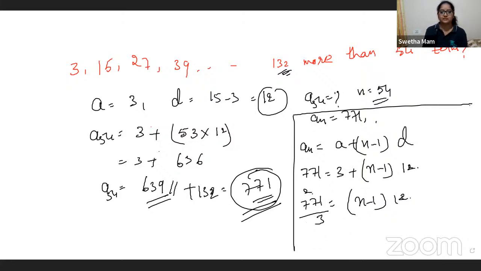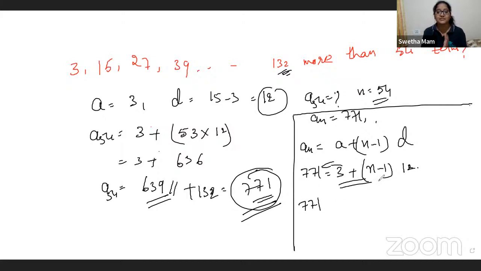I made a mistake. It is not by 3. See, we should not take this 3 to the denominator because there is a plus 3 there. So we have to subtract. If we subtract, what do we get?